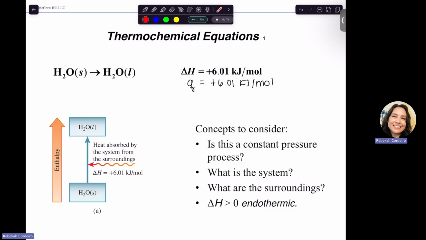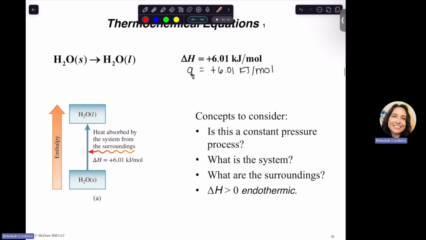You have to consider when you're going to use this: is it a constant pressure process? If it's not, we can't really use this, right? We're talking about enthalpy related to heat at constant pressure. What's the system? The system is the water. What are the surroundings? Everywhere else. And if it's endothermic, because it's positive, that means we have to put energy in. This should make sense to you. You have to put energy in to melt water from ice to liquid.